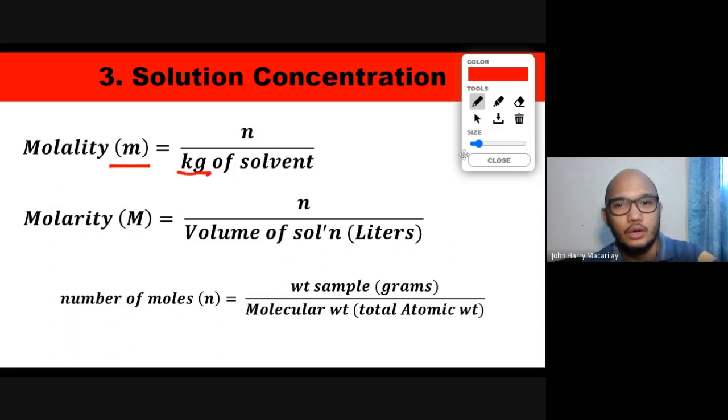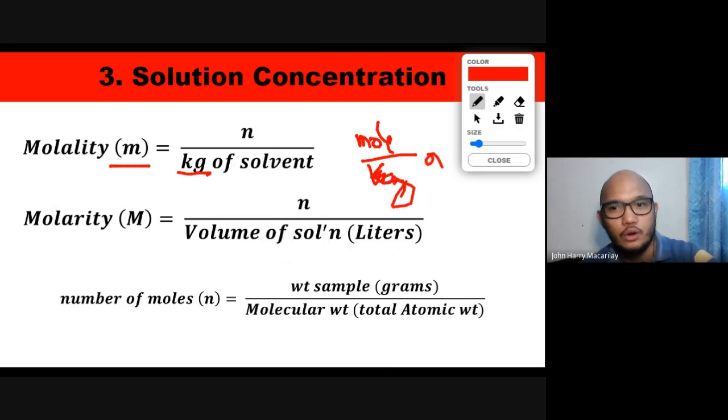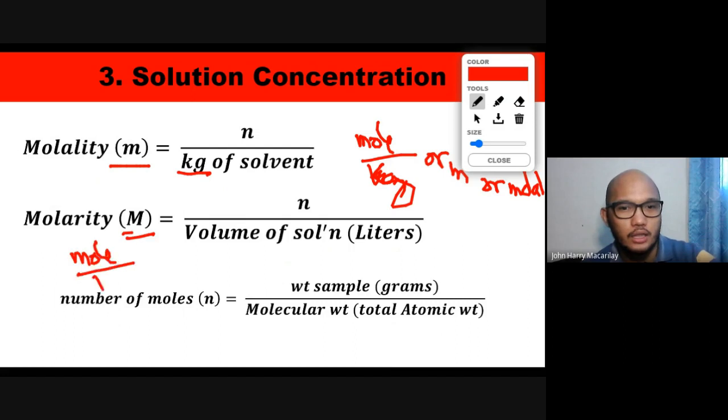So the unit for this one is moles per kilogram, or you can make use of the small letter m or molal. Molarity is the number of moles per liter of solution. The unit for molarity is moles per liter. You have the M or the molar.